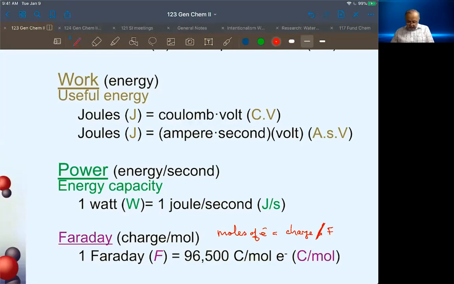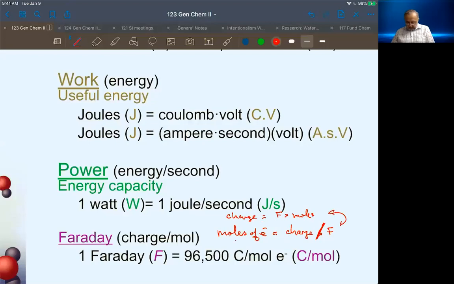So the charge is going to be equal to Faraday times the number of moles, which is the same equation as this one. It's just solved for number of moles here.